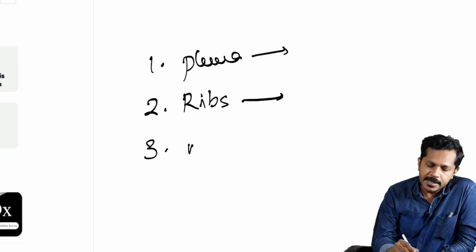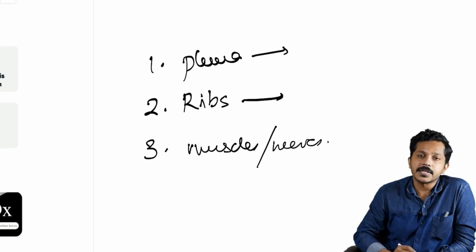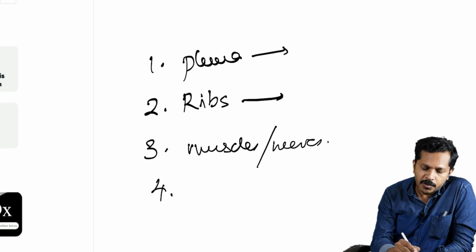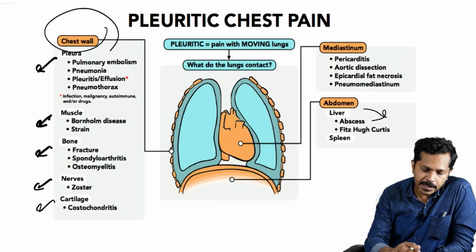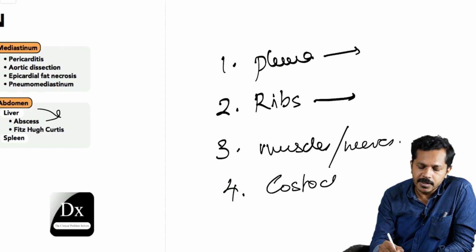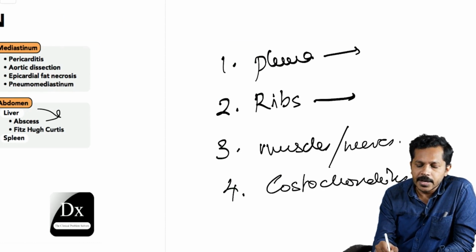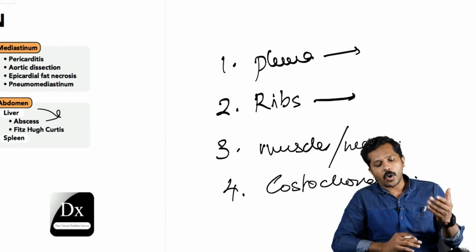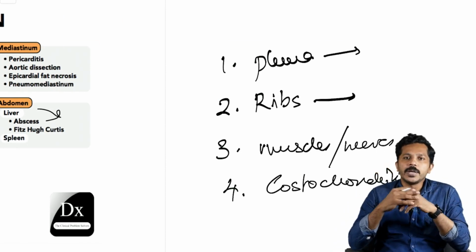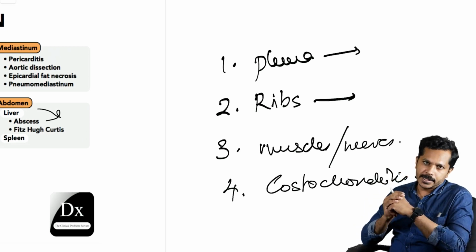Third one is the disease affecting the muscles or the nerves. So anything affecting the muscles or the nerves in the chest wall can also present as a pleuritic chest pain. Fourth, you have the cartilage, that is costochondritis. Costochondritis can also present as a pleuritic chest pain. So all these structures, when they move during inspiration or deep inspiration, can present as a pleuritic chest pain.